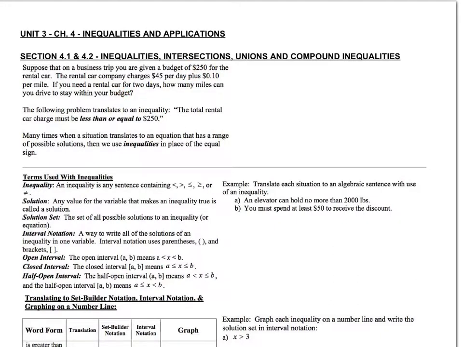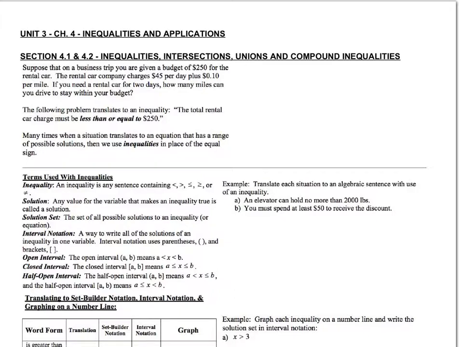So this translates to what's called an inequality, because you can have as many miles as you want, a certain number of miles that will keep you under $250. When we see a range of values like that, we can say that the total rental car charge must be less than or equal to $250.